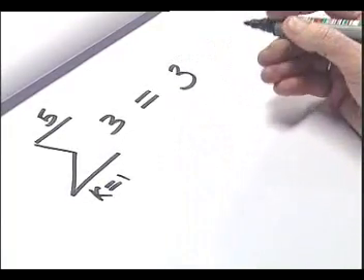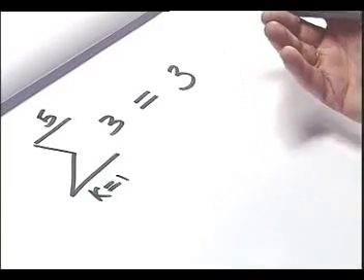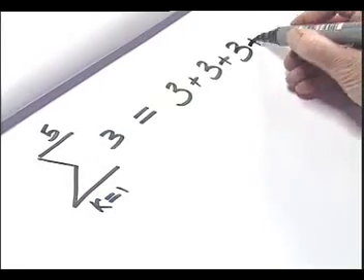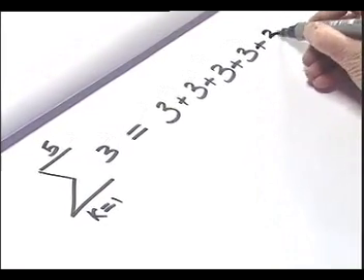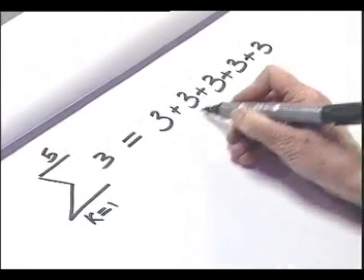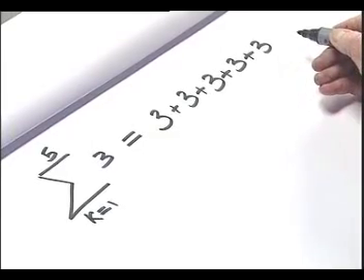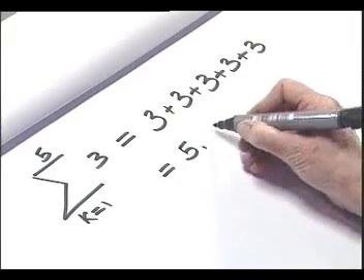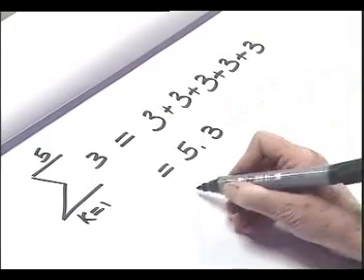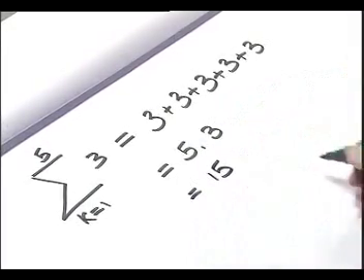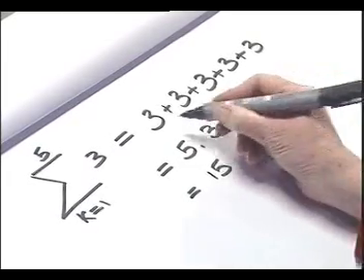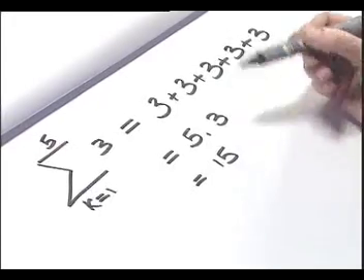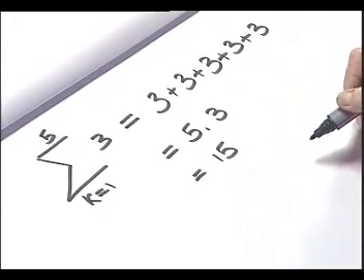Each term remains the same, no matter whether k equals 1, k equals 2, k equals 3, 4, or 5. So we actually just get the sum of 5 threes, which is 15. So we have 5 terms. It's 5 times the constant to make 15.